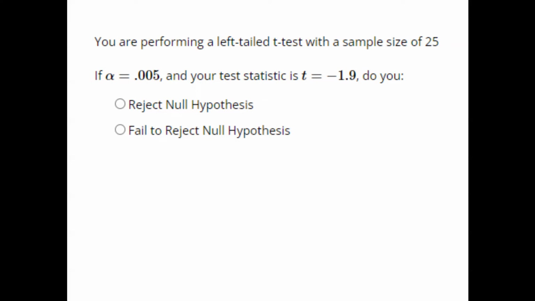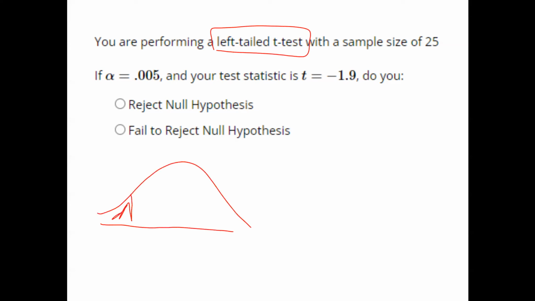I have to draw a picture. So we're performing a left tail test. And since t is negative, it is over to the left of the mean in the student's t, which is 0.